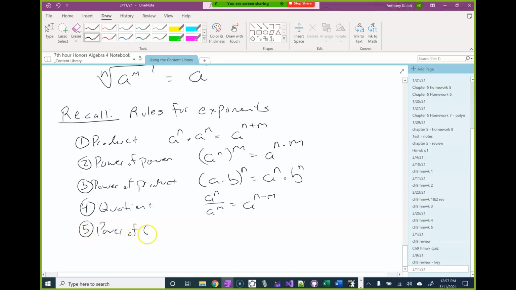You have power of a quotient, which is basically the same idea as the power of a product property. So again, think about it as if you're doing 1/2 squared. That's just 1/2 times 1/2. So you multiply the tops together and the bottoms together, you have 1 squared over 2 squared.